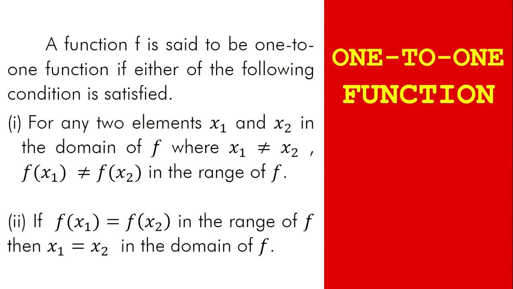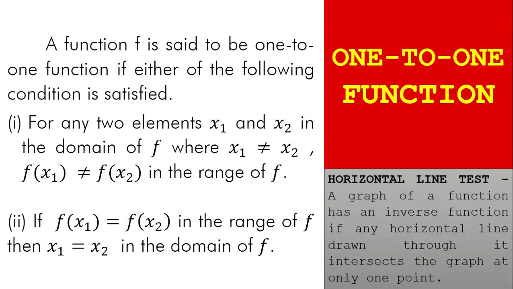Aside from this definition, let's recall we can use the horizontal line test, if we have the graph, to test if it is a one-to-one function or not. A graph of a function has an inverse function if any horizontal line drawn through it intersects the graph at only one point.